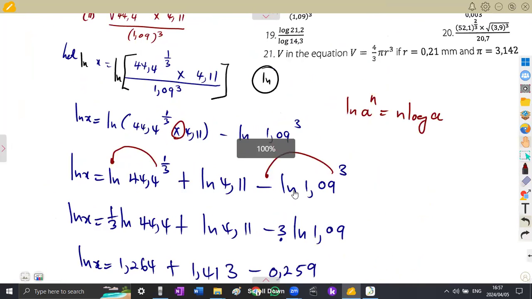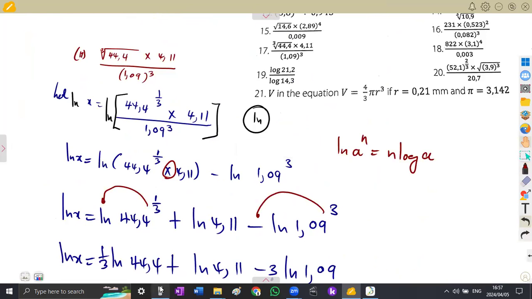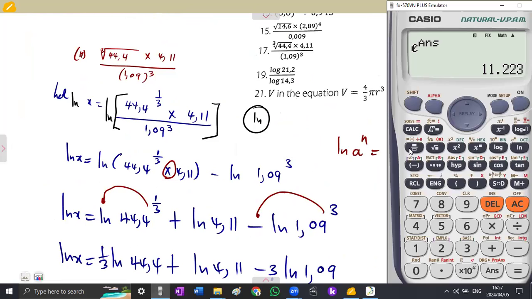So like I said, you can prove that at the end, 11,223. Let's just see on our calculator what answer we're going to have if we're simplifying this directly. So that was a fraction there. Then we've got the cube root of 44,4, times 4,11, everything over 1,09 to the exponent of 3, like this.